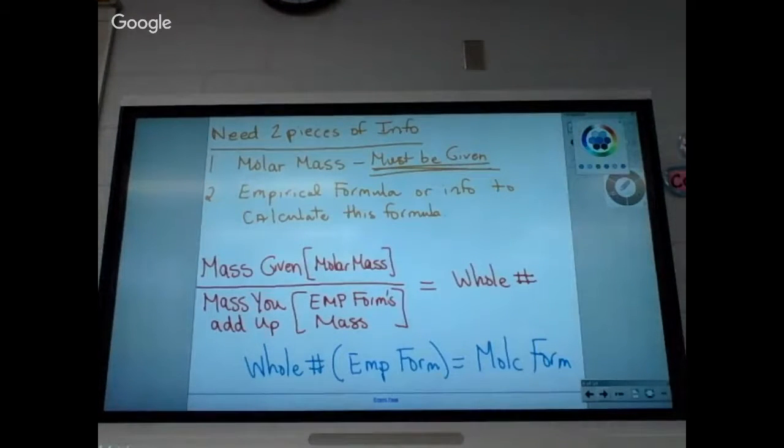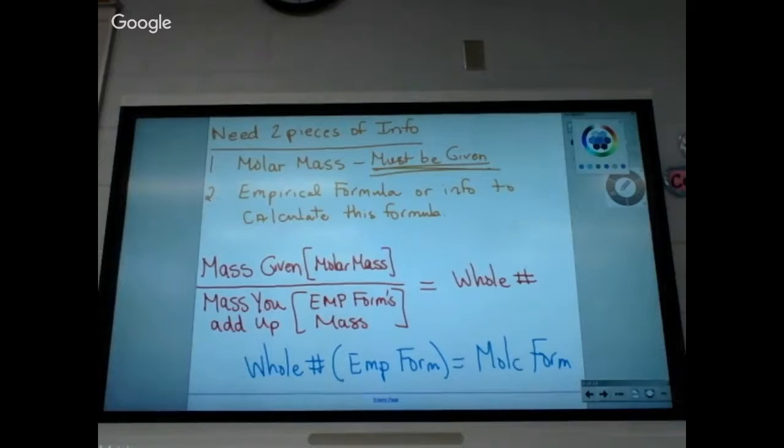We're essentially looking for the number the formula was reduced by. Okay? The empirical formula was reduced by something. We're looking for that number. If it was reduced by 2, which is the most common number it was reduced by, then we multiply it by 2 to get back to what it used to be.